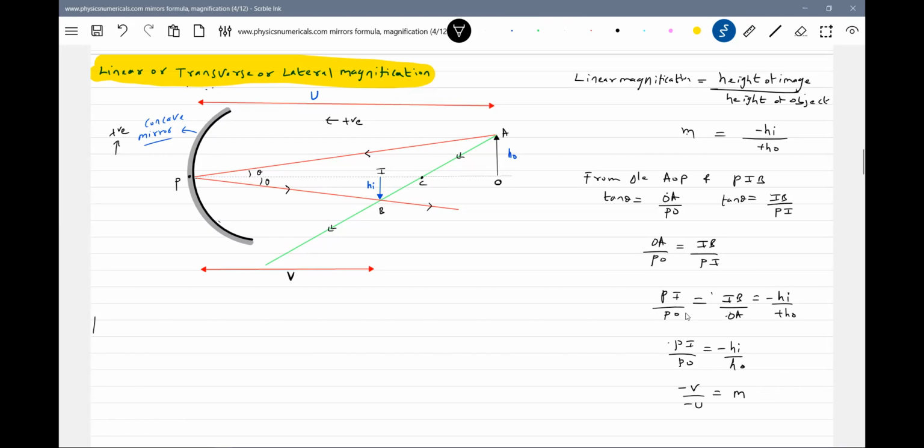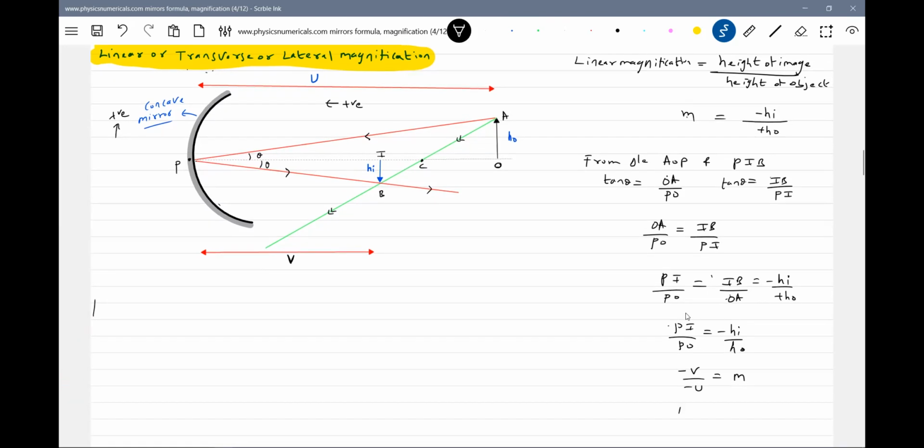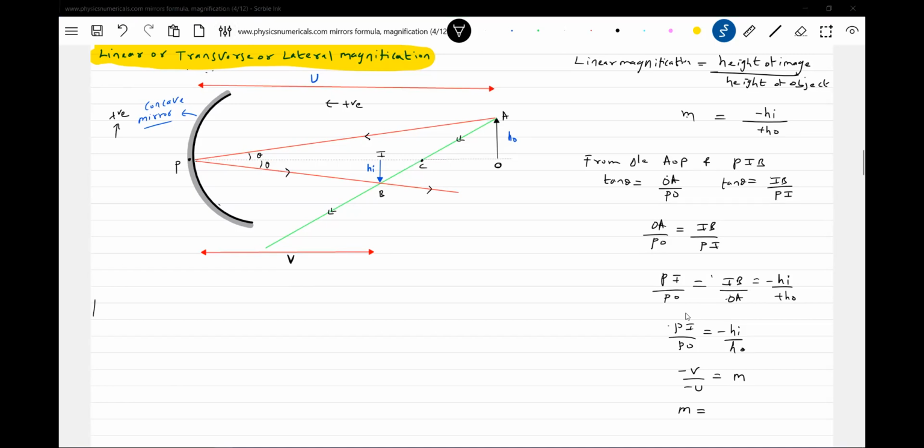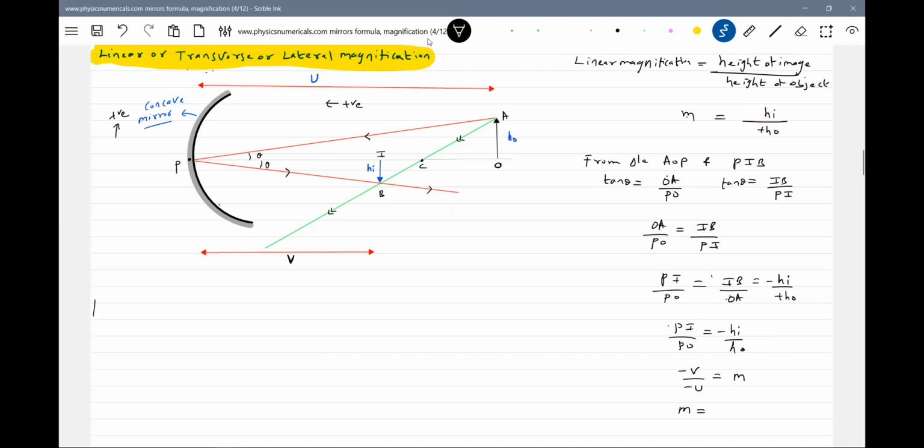So finally, what is the expression for magnification? I'm just making a correction: this should be equal to minus m.